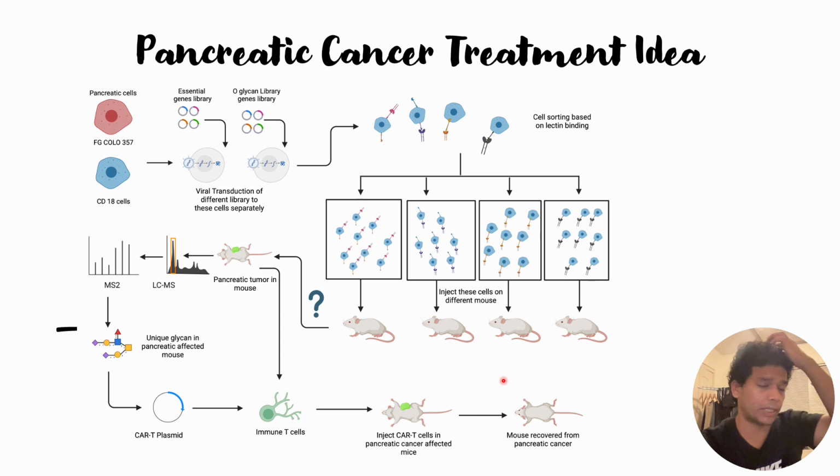There we need to take care of two major things. First is the tumor microenvironment, and another is the accessibility of the antigen against which the CAR T cell is developed. Some CAR T cells have shown positive results and been able to overcome these kinds of problems, so we can use those CAR T cells in this study to check whether this idea works to treat pancreatic cancer in the mouse model.